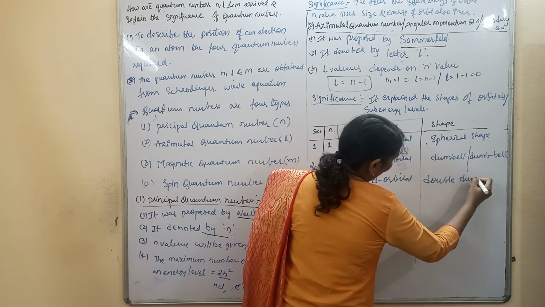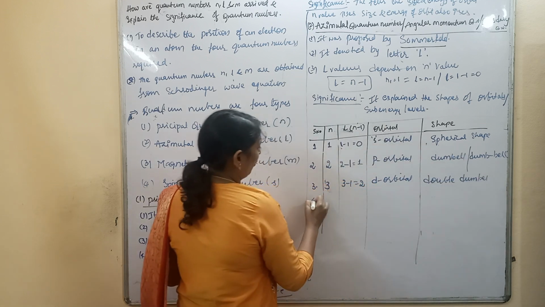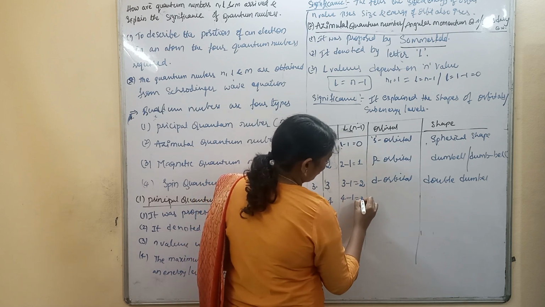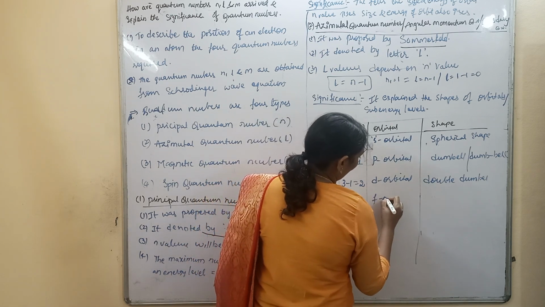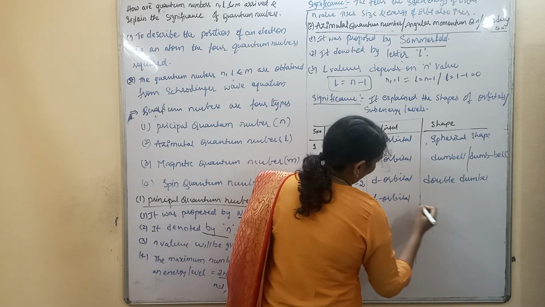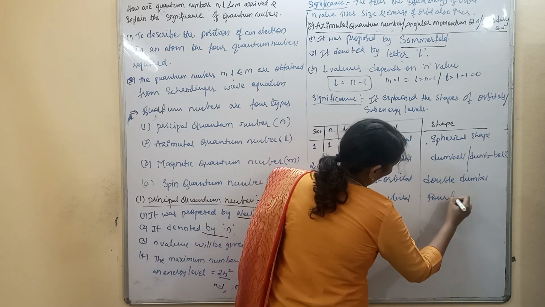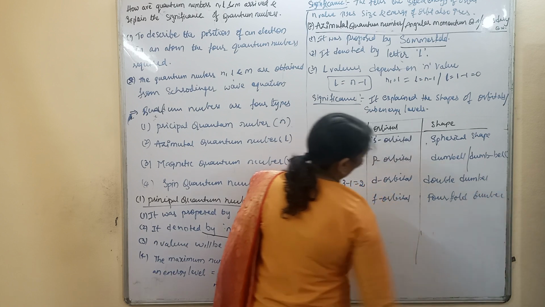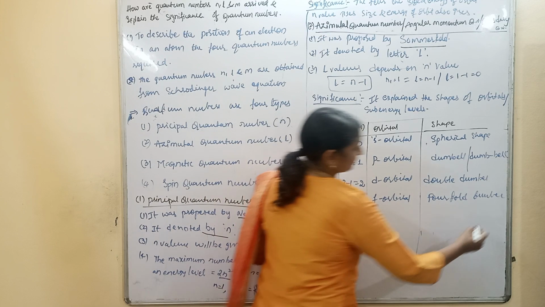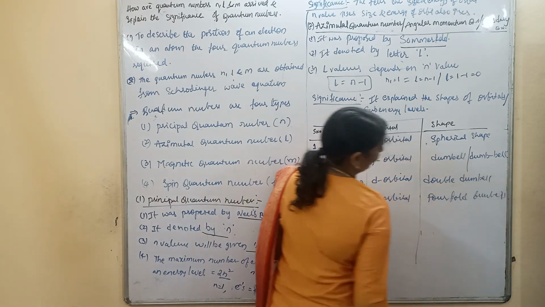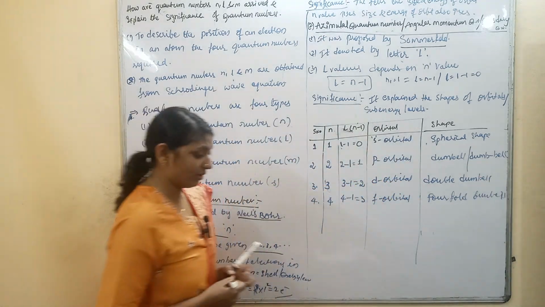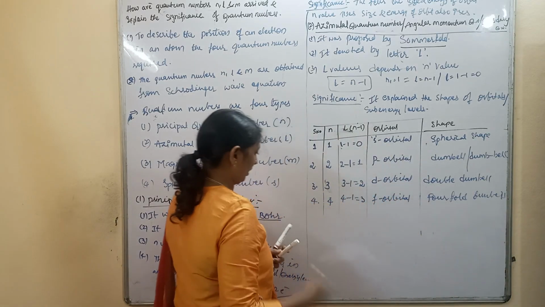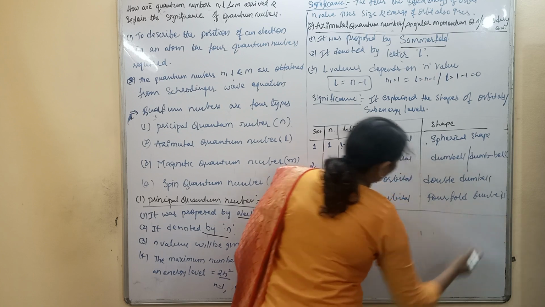Next, the fourth one: n value is 4, 4 minus 1, how much will we get? 3, f orbital, and it is 4-fold dumbbell structure. Okay. So you have to draw this table in the answer. Very important. Only you have to write this table.